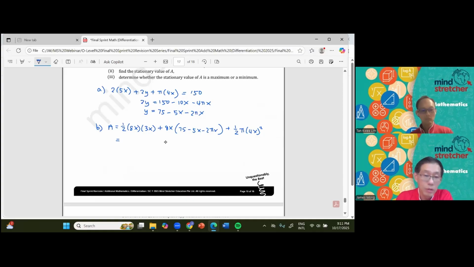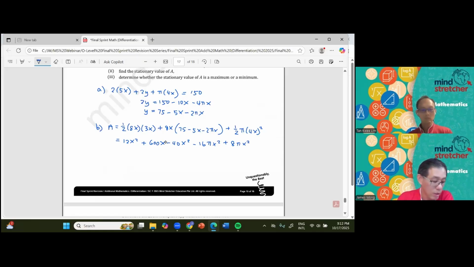You can just simplify this whole thing. If you do it carefully, you should be able to simplify this, and it becomes 12x squared, 600x, minus 40x squared, minus 16 pi x squared, plus 8 pi x squared.